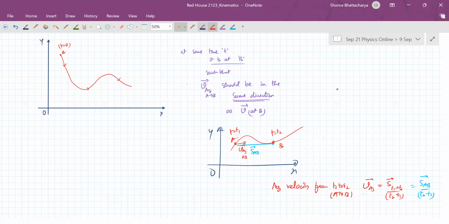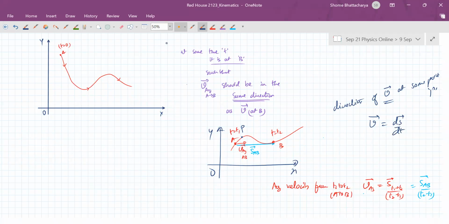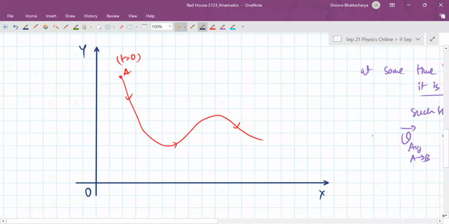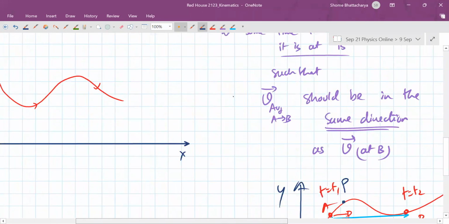Now, similarly, if I ask you what is the direction of instantaneous velocity at some random point in the graph, let's say P. I've selected this point as the random point, suppose this point P. At this point, what is the direction of instantaneous velocity? Instantaneous velocity is the instantaneous rate of displacement with respect to time. So in this graph, I have to magnify it as much as possible, and then in that magnified version, I have to draw a very small displacement.